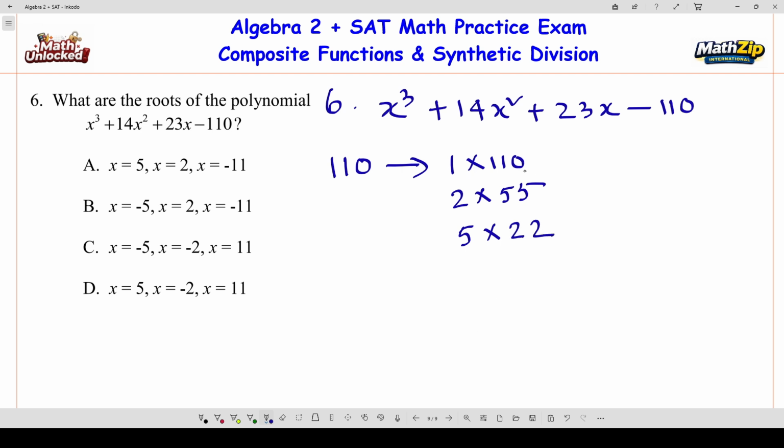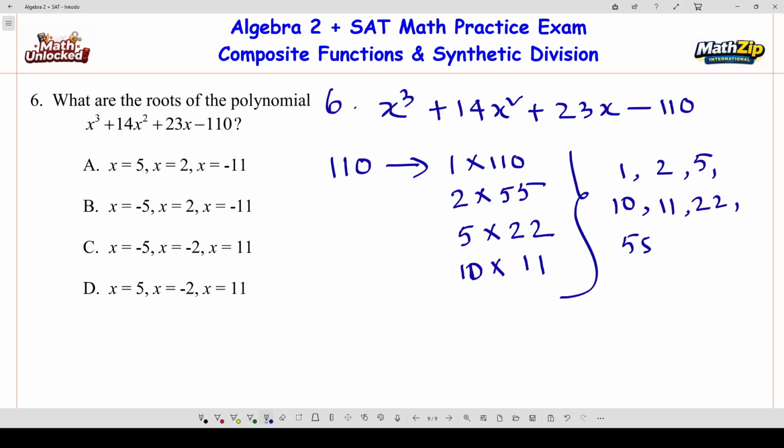And also 10 times 11. So the factors of 110 are 1, 2, 5, 10, 11, 22, 55, 110, and everything with plus minus, right?